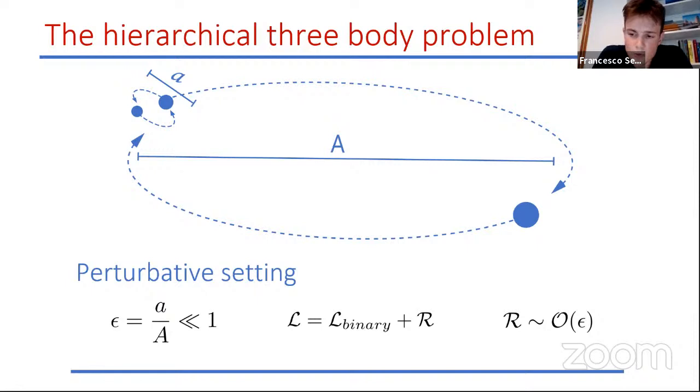This perturbation will be bounded by the size of this small dimensionless parameter. So what we will have is two orbits: the inner orbit of the tight binary system, and then the outer orbit of the third body that orbits around it.